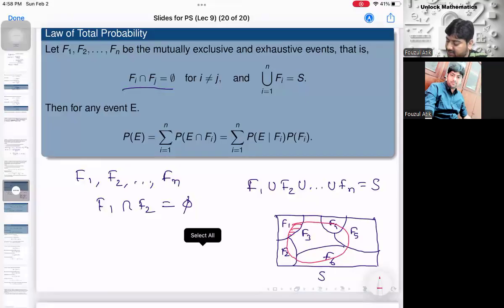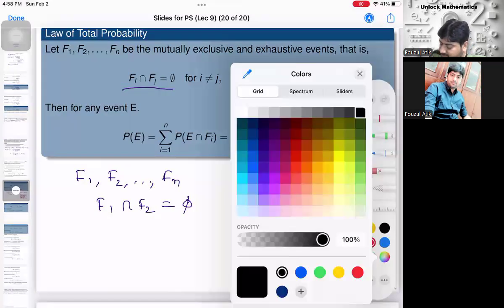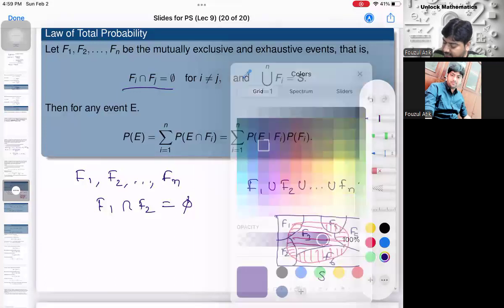E intersection F1 is this part, E intersection F2 is this part, E intersection F6 is this part, E intersection F5 is this part, E intersection F4 is this part, and E intersection F3 is this big part. So in general, if I write it theoretically also, we can easily see what E is.